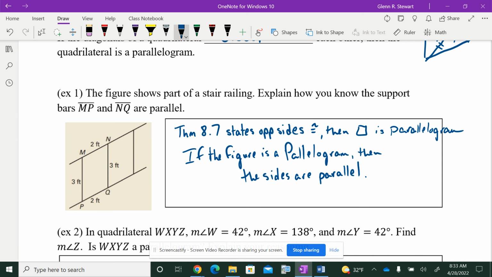Because you've got two sides that are 3 and the other two sides that are 2, that means those opposite sides are congruent, which then makes it a parallelogram. If it is a parallelogram, we learned in the previous lesson that by definition, in a parallelogram opposite sides are parallel. That means these two sides would be parallel, and these two sides would be parallel as well.